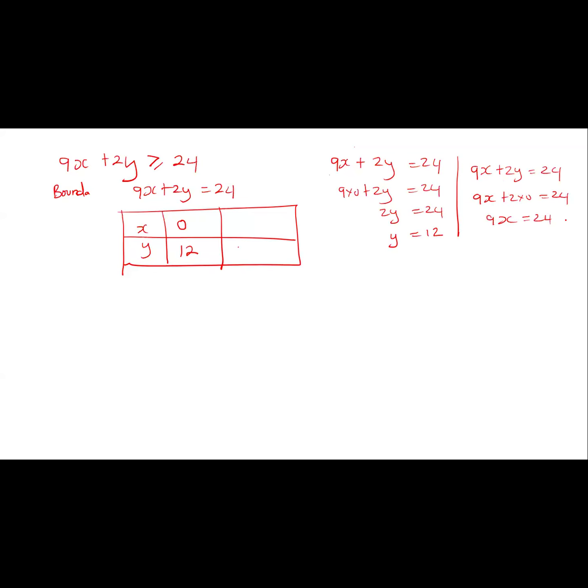Now, you're going to notice here that when I divide by 9, I'll have x is equal to 2.6667. Now, plotting this one, you'll write to one decimal place, always write to one decimal place. So this one is 2.7.